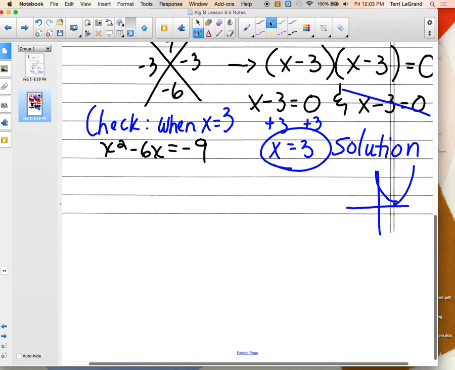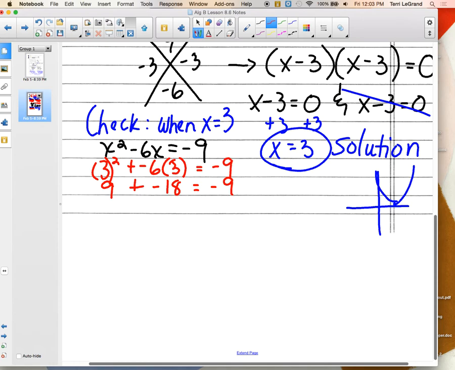So let's put in 3 and square it, plus a negative 6 times 3, and we're supposed to get negative 9. We get 9 for 3 squared. What's negative 6 times 3? Negative 18.